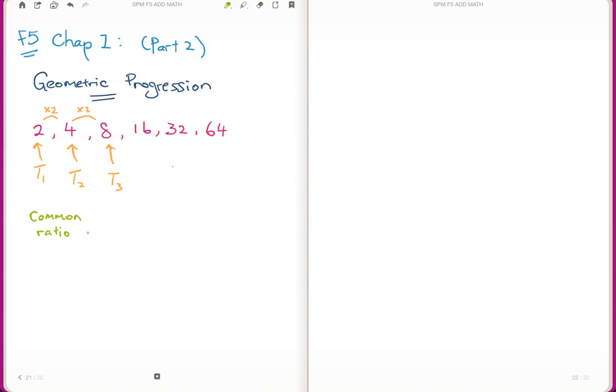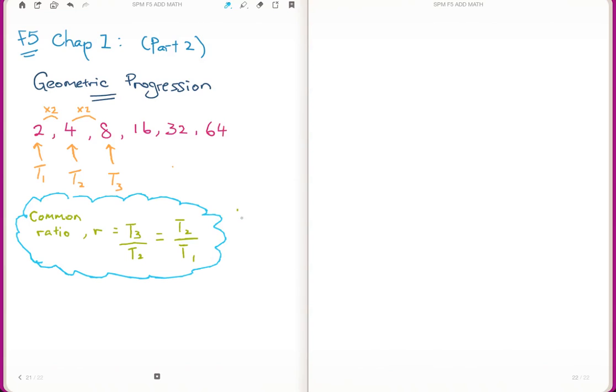The common ratio, represented by R, is T3 over T2, which should be equal to T2 over T1. This is the first thing that you need to know. I put it into a bubble. I bubble it up. In order to determine that, T3 over T2 is equal to T2 over T1.